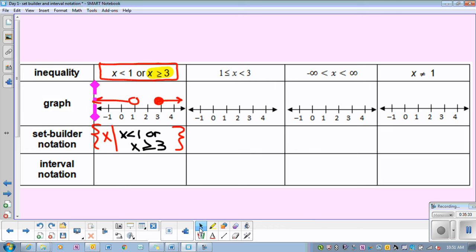Now, if I look, I have an arrow going to the left. Where is that coming from? The one. No. If you have an arrow going to the left, what do we write? Negative infinity. Good.